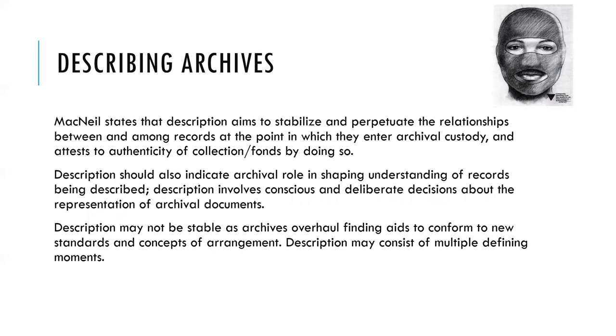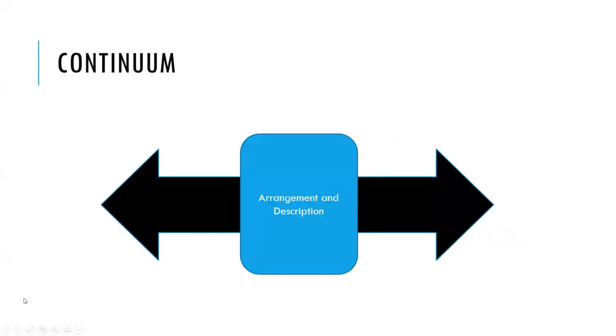And so McNeil describes description as something that may consist of multiple defining moments. So not just this situation where records are described in one way when they enter into the archive, but rather records that are described in different ways over time as society changes, as an understanding of records changes, as an understanding of the content and context of records changes because the records are being used.